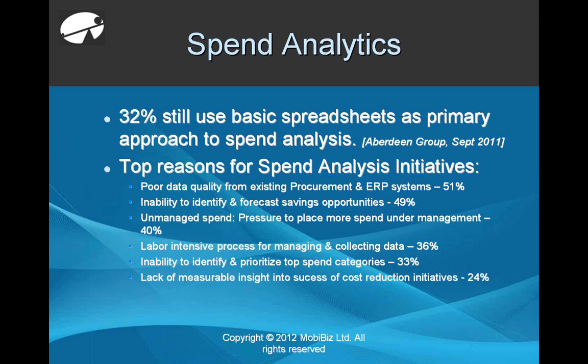Now, how are spend analysis and supplier risk and performance related? Spend analysis provides insight into what companies buy, and supplier risk and performance provides insight into the vendors from which these firms buy these goods, so it seems logical that they would go hand in hand.